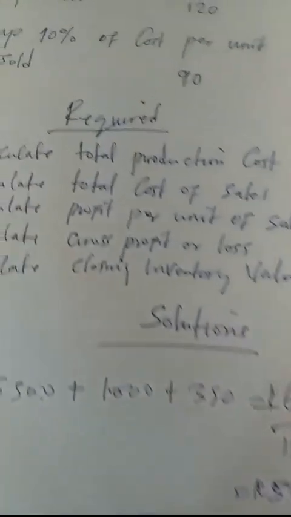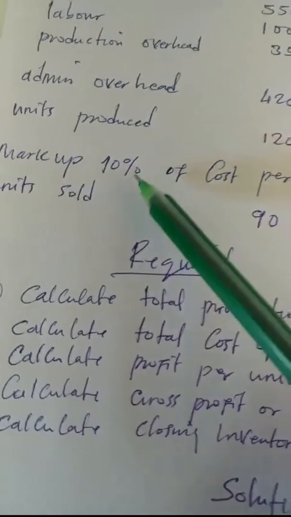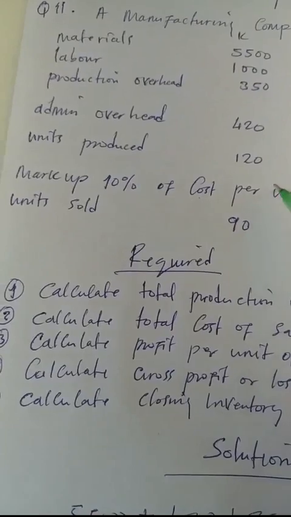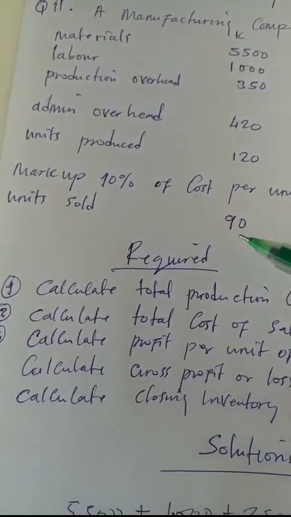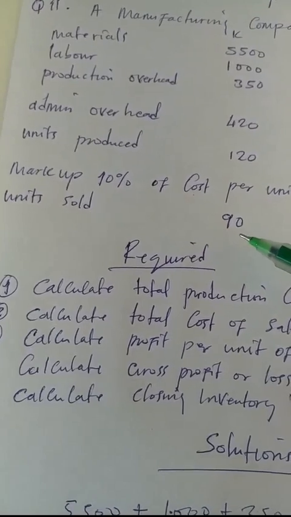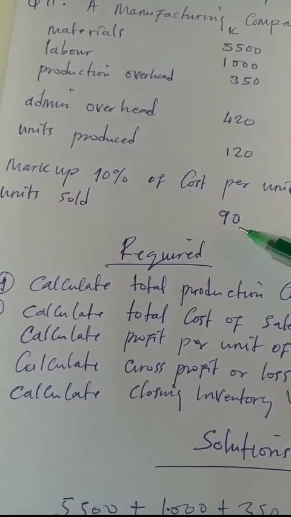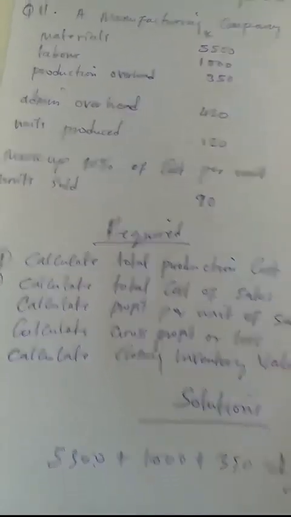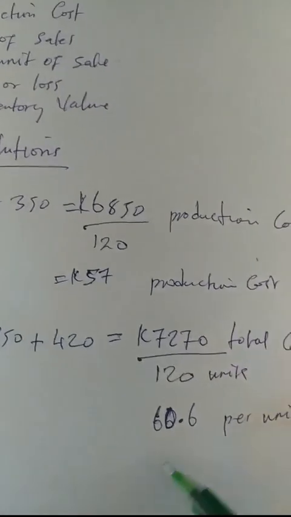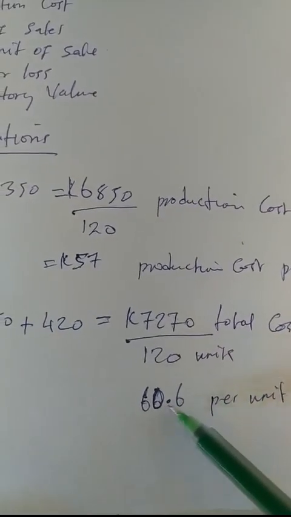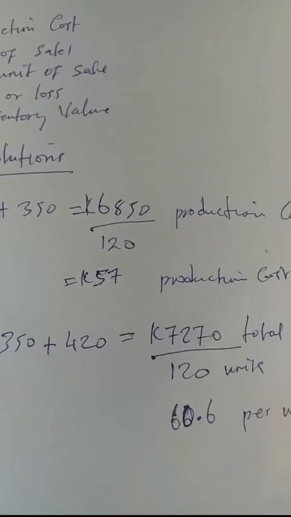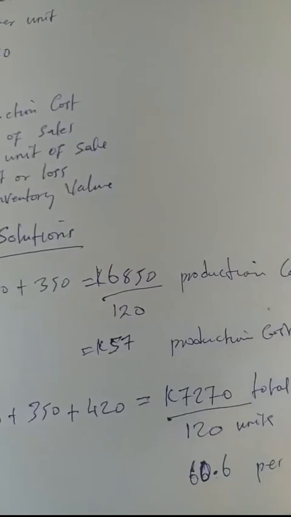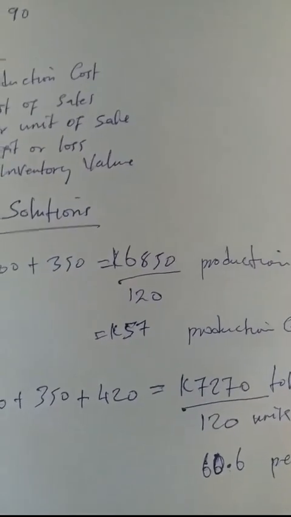Now the other issue here is the markup. They are saying markup is 10% of cost per unit. What is markup? Markup is the percentage that you add on your cost for you to arrive at the price that you'll be selling your goods at. So let's find 10% of our cost of sales per unit. 10% of 60.6 is going to be 6.06.